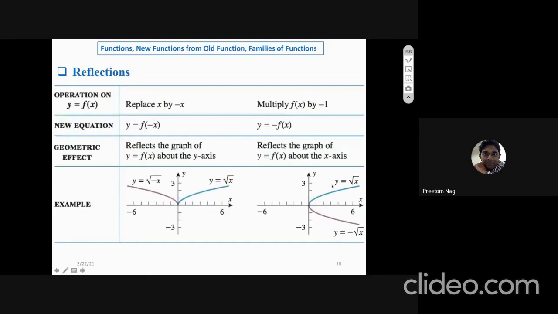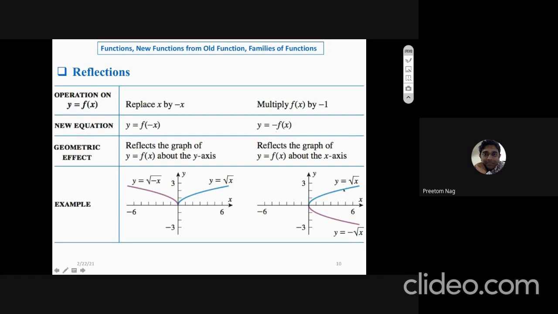If you replace y by minus y, that means you have y equal to f of x, and if you multiply f of x by -1, then you will have y equal to minus f of x. Okay, so in that case y equal to f of x is the original graph, which is like a positive square root of x.